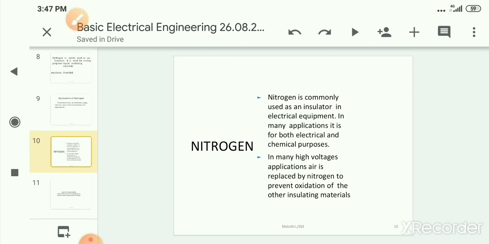Nitrogen. Nitrogen is chemically inert. It can be used for both electrical and chemical purposes. It prevents oxidation and thus reduces the rate of deterioration of parts of equipment.